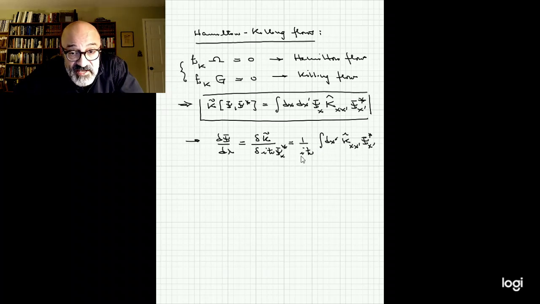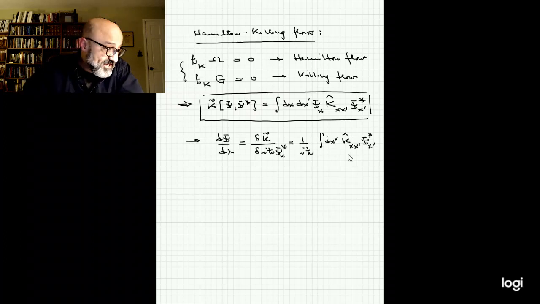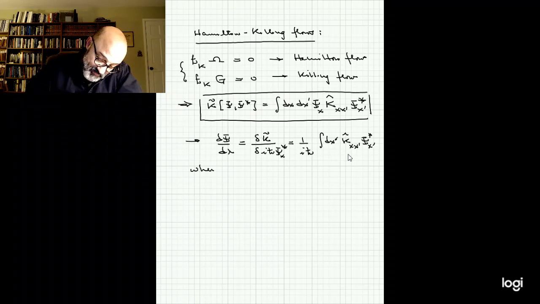So you can see now that if you were to get the i h-bar onto the other side, the evolution, i h-bar d by d lambda, is some kernel, some object here acting on the wave function. This again is a Schrödinger-like equation. Furthermore, we have that k is Hermitian, just as before.